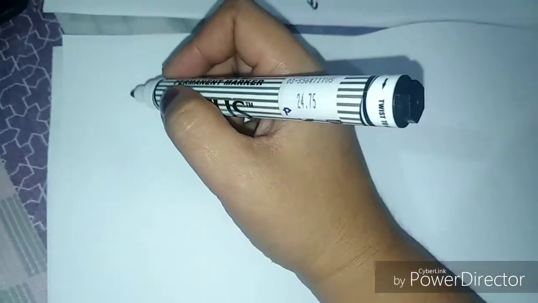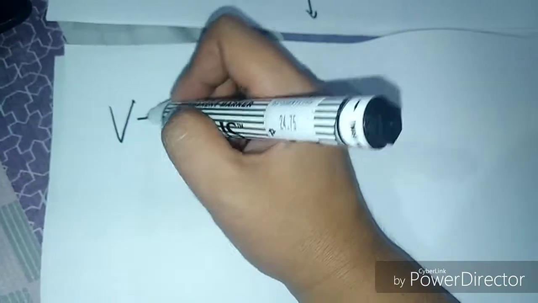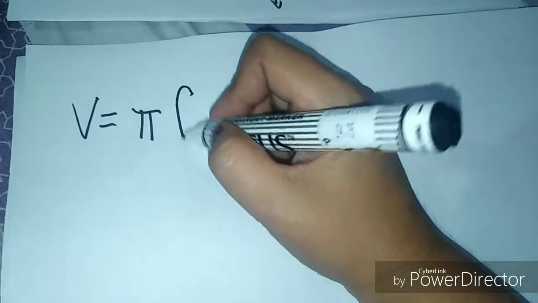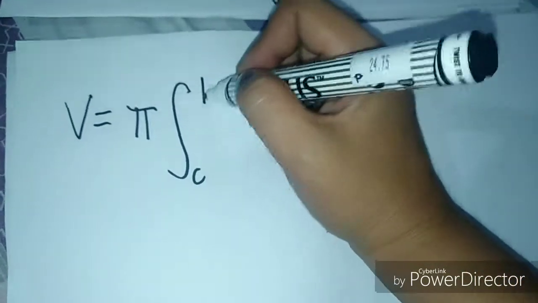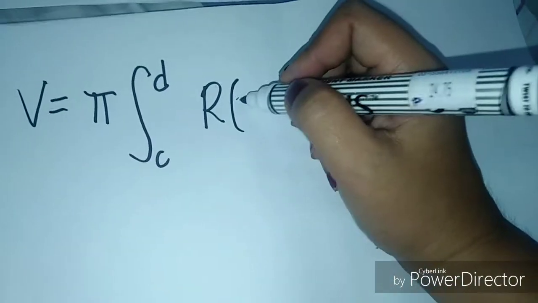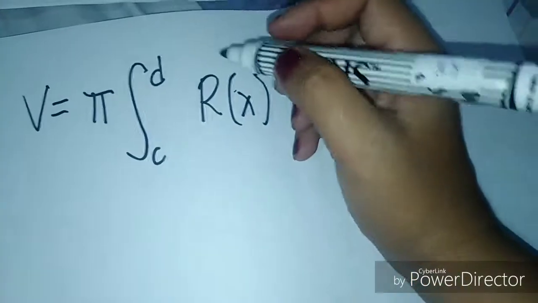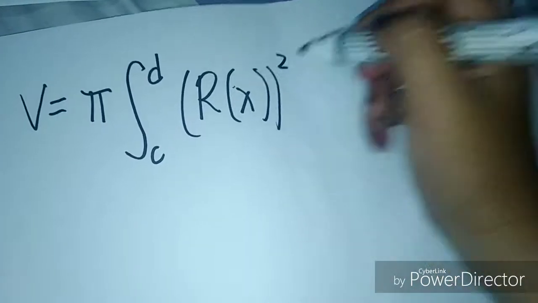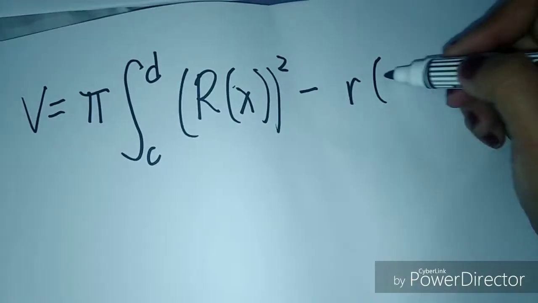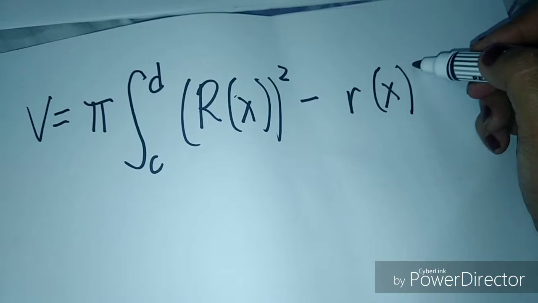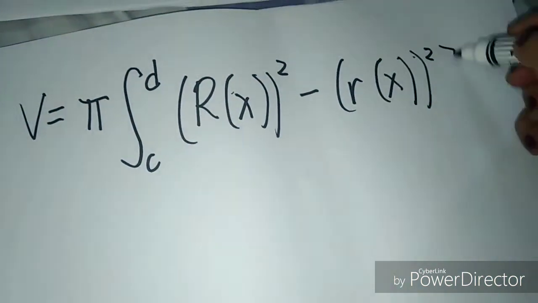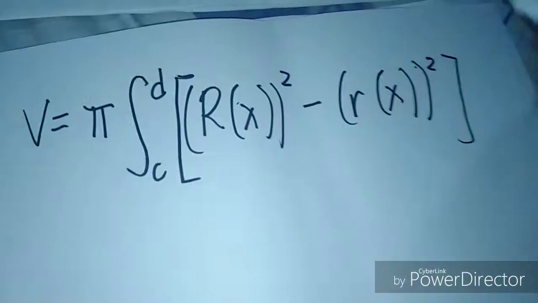The volume of the solid is equal to pi times the integral from c to d of the big R of x squared minus the small r of x squared dx.